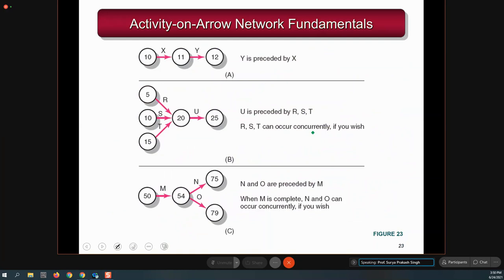If you see the difference between activity on node and arrow, तो आपको समझ में आ रहा होगा. Let's say we are writing activity X on arrow, Y on arrow. If I had to write the same thing with activity on node, I would have written like this. Okay. So I am representing X on node, or activity on node. Here my way of representation is changed and I am writing those activities on the arrow side. इतना ही अंतर है.